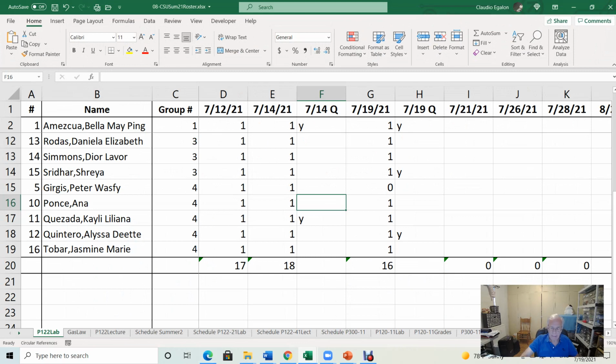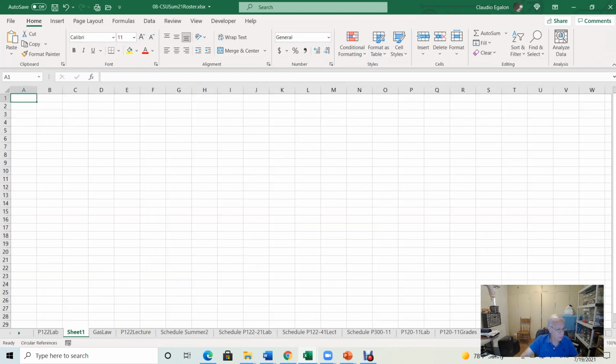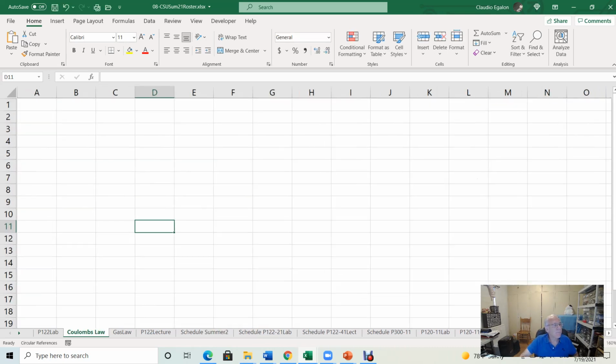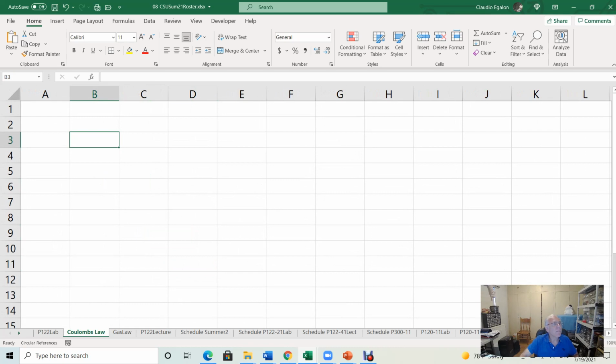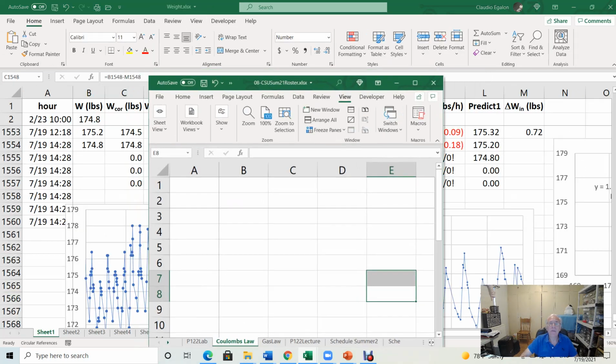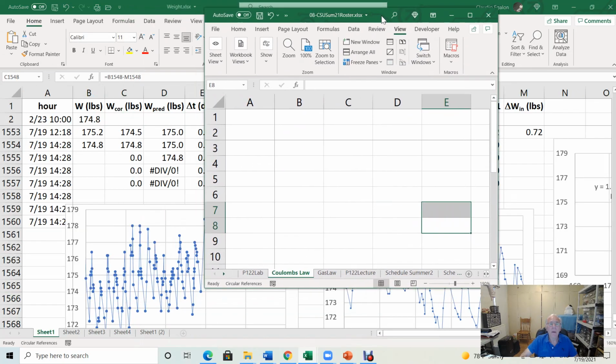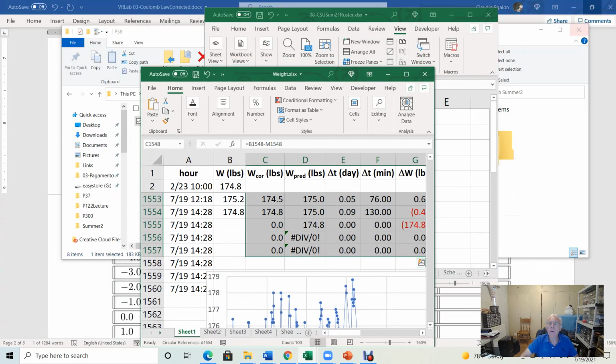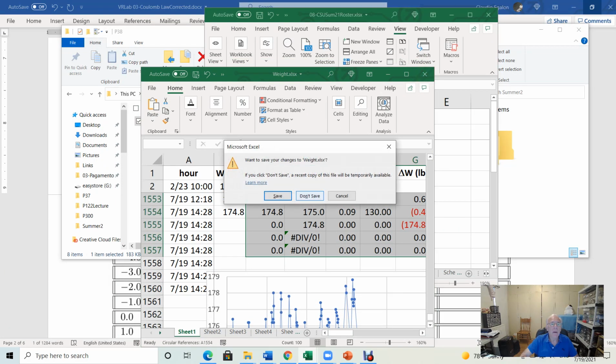Okay, I'm going to create a new spreadsheet. Coulomb's Law. View, I'm going to freeze my panes. I like this feature of Excel. You can freeze the panes. Let me quit that.